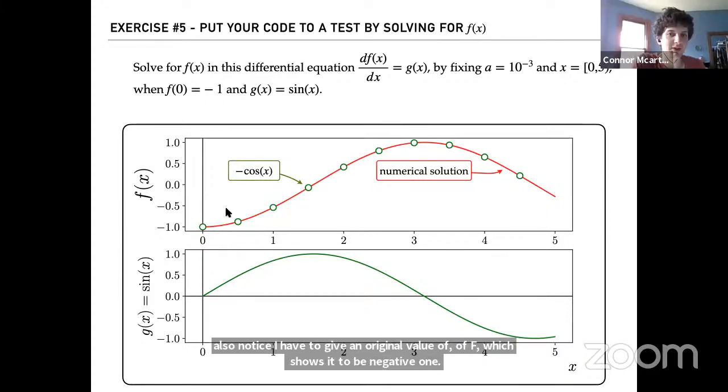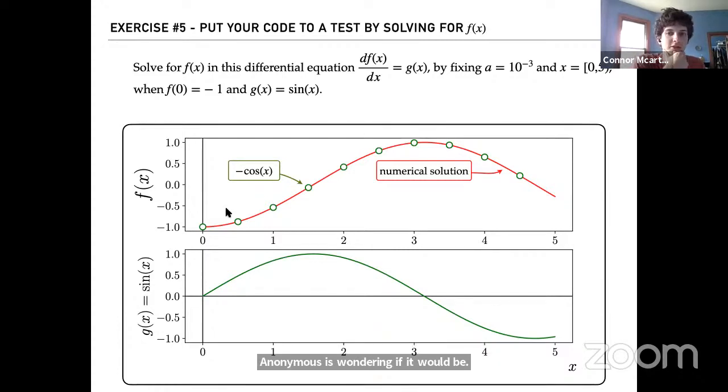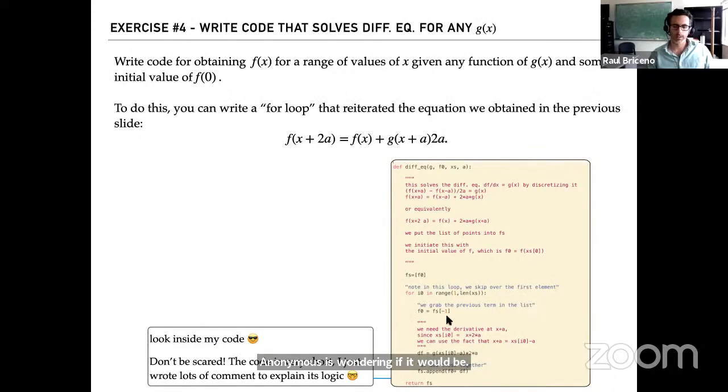Anonymous is wondering if it would be better to make a new variable instead of overwriting it. Sure, yeah, you could do that. Logically, there's nothing wrong with what I did. It's just conceptually maybe trickier. But yeah, you can call this f of f0, let's say you feed it f0, right? And then here you can call it f1, and then just call this one over here f1.